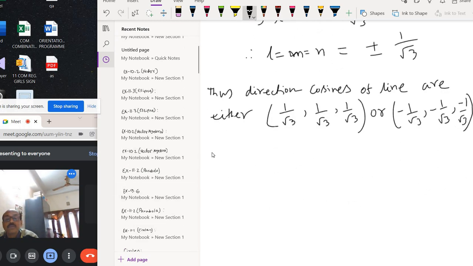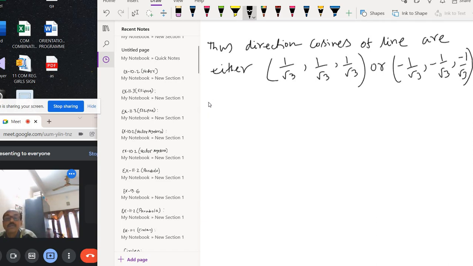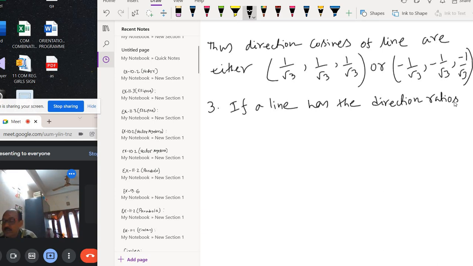Question number 3. If a line has the direction ratios -18, 12, -4, then what are its direction cosines?